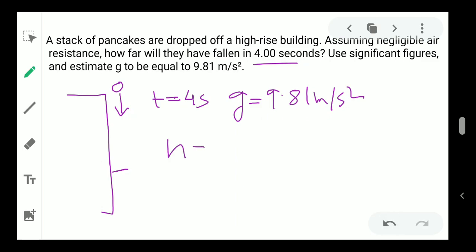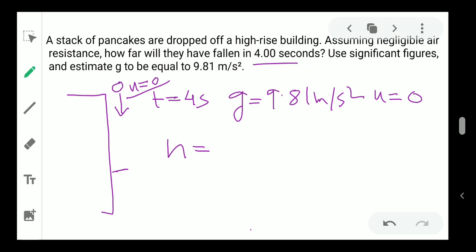So we know that s equal to ut plus half at square, and u for a drop is always 0, because vertically I have not thrown it with force in this direction. I have just dropped it, so there is no force in the downward direction, and that's why we will be having u equal to 0. That is why initial vertical velocity is 0.